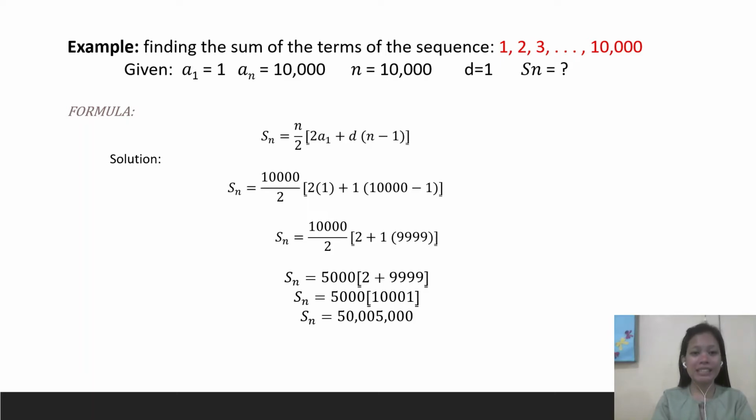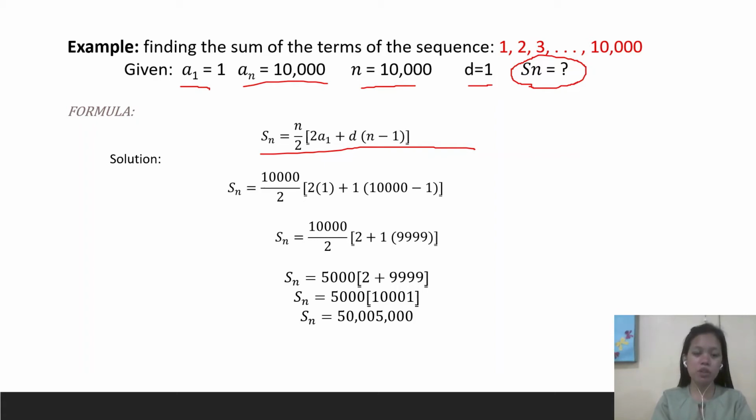Example: finding the sum of the terms of the sequence 1, 2, 3 up to 10,000. Given: a sub 1 is equal to 1, a sub n is equal to 10,000, n is equal to 10,000, the common difference is 1, and we have to get the sum of 1, 2, 3 up to 10,000. Using the formula, S sub n is equal to n over 2 times 2 times a sub 1 plus d times n minus 1.